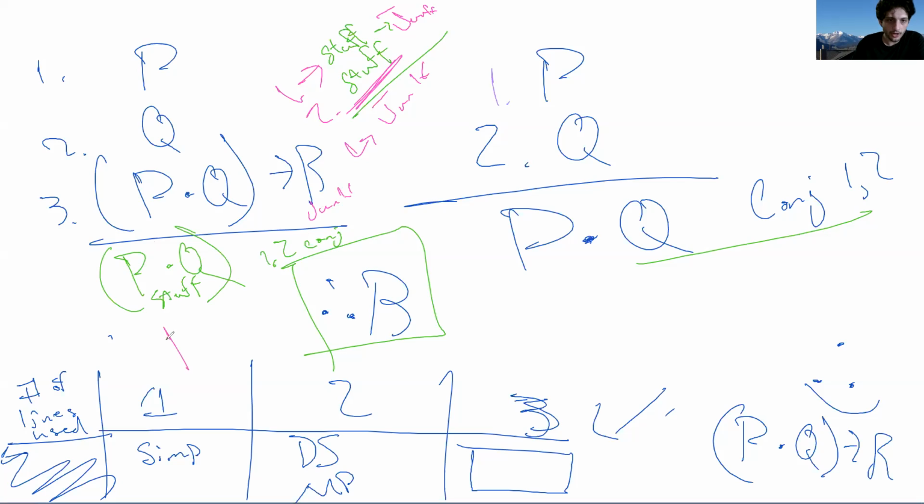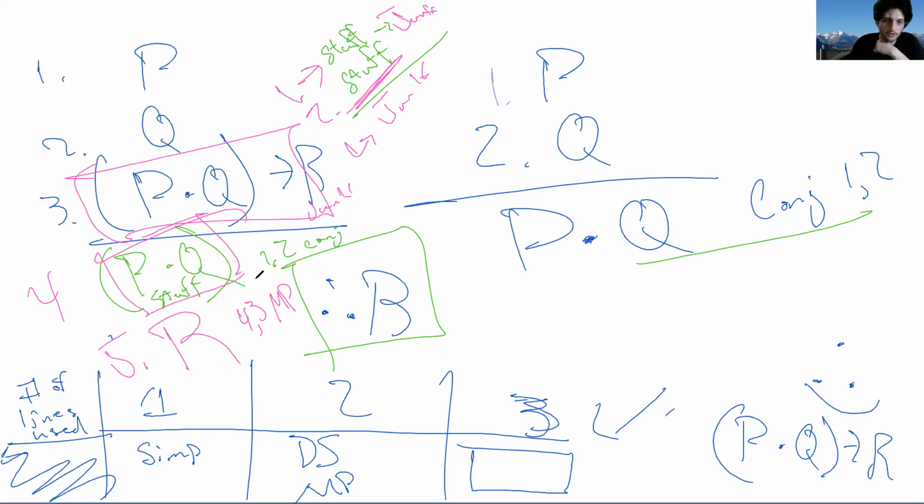So now we get R, right? And so this is 4. Our new line is 5, which is now our conclusion. And that's just going to be 4, 3 modus ponens. You cite the conditional, and you cite the left-hand side of the conditional. But this is so important: you cannot do modus ponens if you don't have exactly the left side of that conditional.